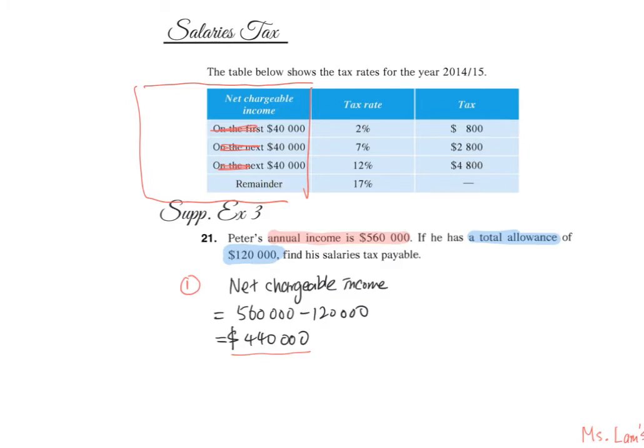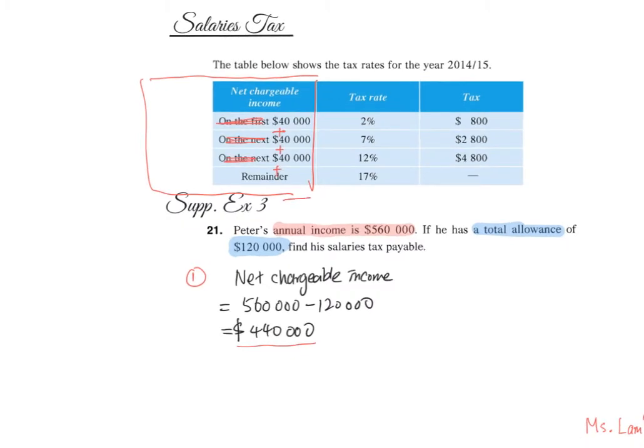All these 4 objects added together will become this value. So you get 440,000 minus $120,000. Then we should get the remainder for this, because we have the subtraction to get this one. This one minus these 3 values, then we get the remaining.